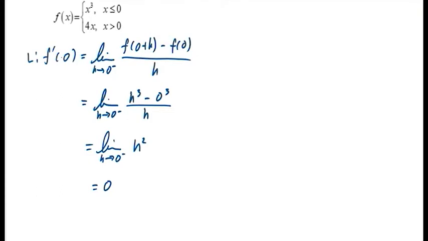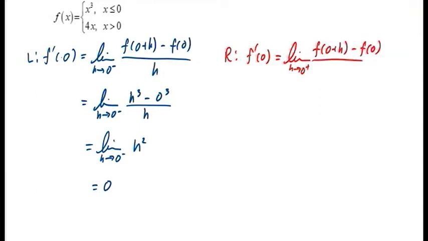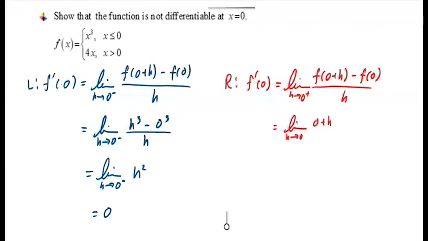As we expected, it's flat on the left-hand side of that graph. Okay, I'm going to do the right derivative now. So f prime of 0 is equal to the limit of h approaching 0 from the right-hand side of f of 0 plus h minus f of 0 once again over h. Now that is the limit of h approaching 0 of 0 plus h, and what's the right-hand side function? It's this one, right? So we multiply by 4 and minus.